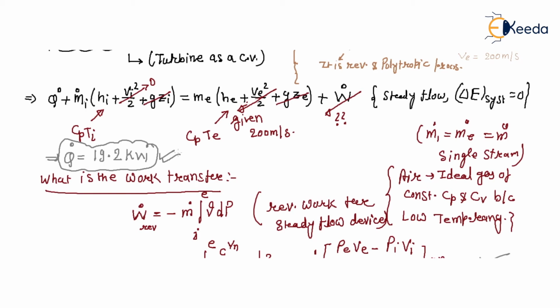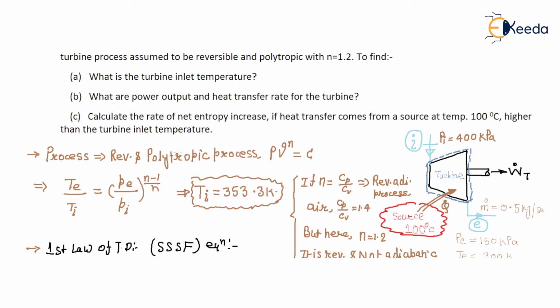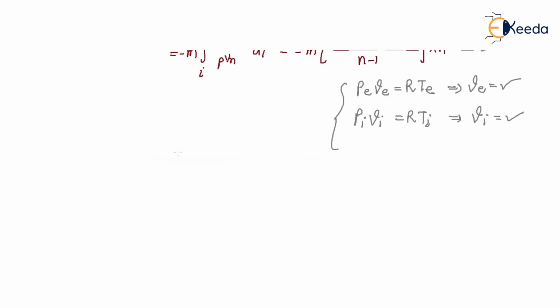Next, calculate the rate of net entropy increase. This applies the second law of thermodynamics.